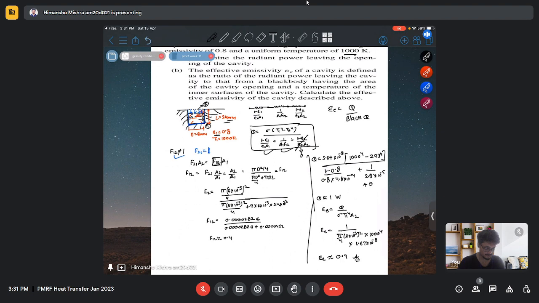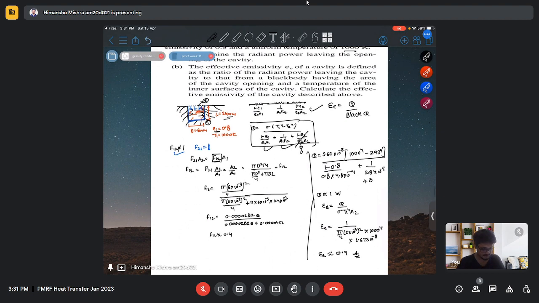Then we use the resistance concept here to find the total heat transfer, and to calculate the shape factor we use the reciprocity theorem that we have discussed in the previous weeks, and we found that the shape factor F12 is around 0.4, and then we just substitute into the heat transfer formula to calculate the total radiation heat transfer.